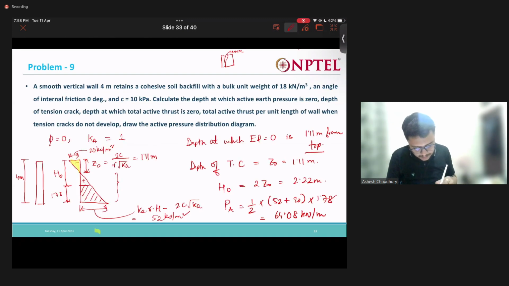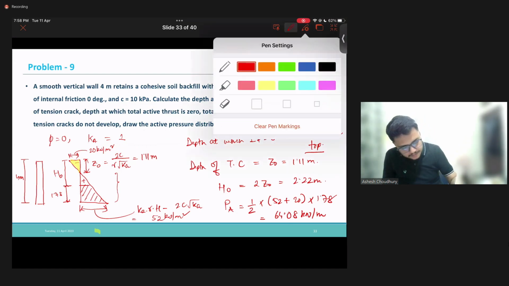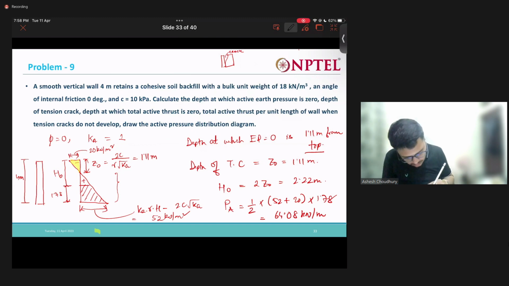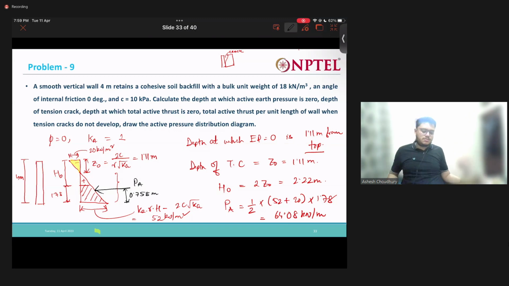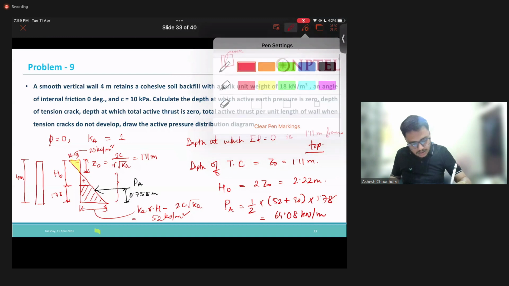So the net PA is actually acting here, at a height of 0.758 meter. So this is how we solve this.